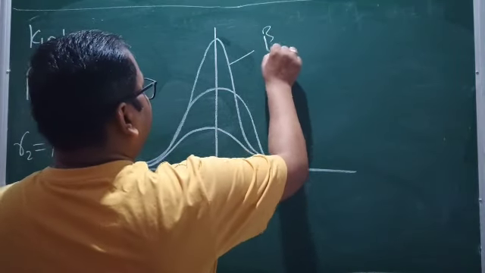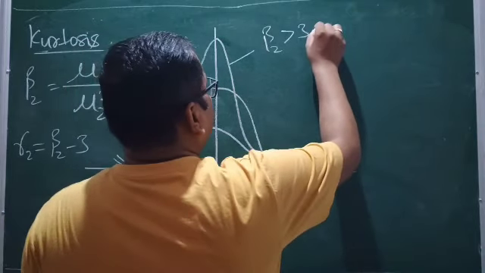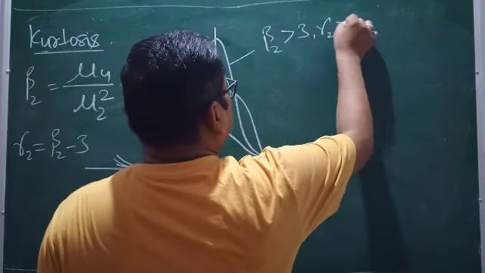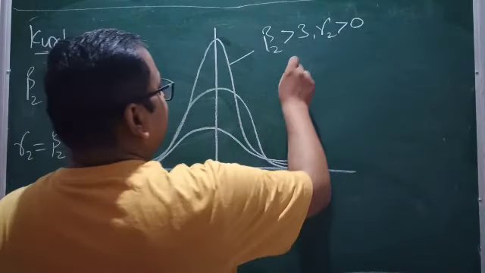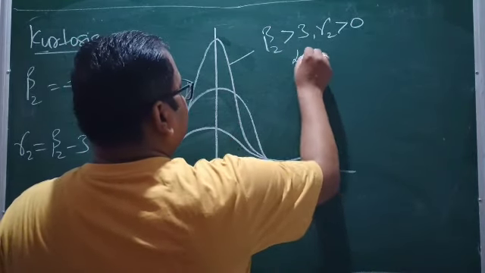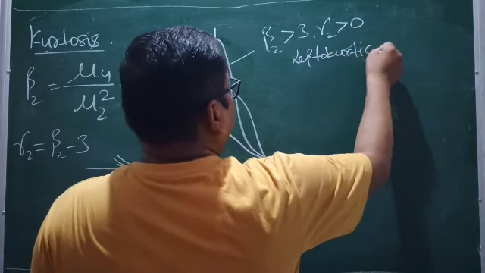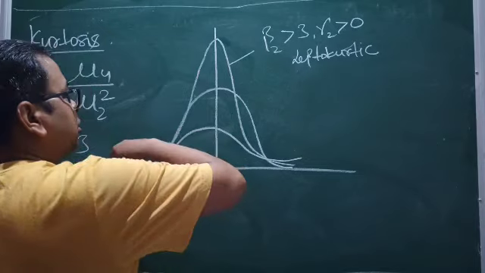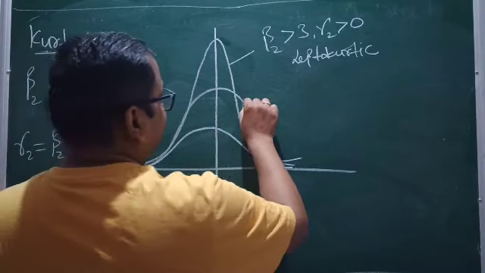If beta 2 is greater than 3 and gamma 2 is greater than 0, in this case the distribution is leptokurtic. It means there is a peaked curve. The distribution forms a peaked curve.